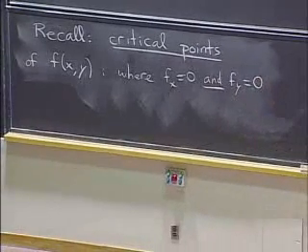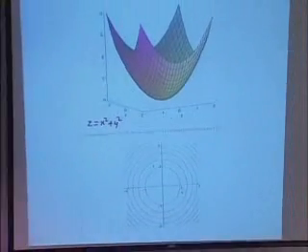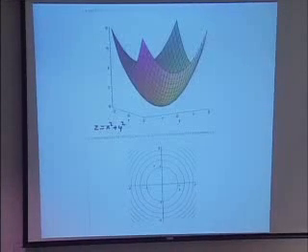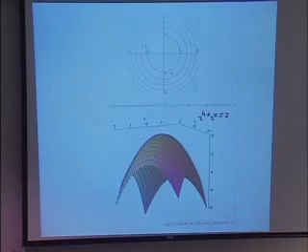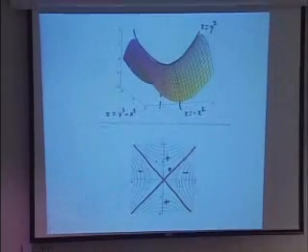And we've seen that there's various kinds of critical points. There's local minima. So maybe I should show the function and its contour plot. There's local maxima, which are like that, and there's saddle points, which are neither minima nor maxima.